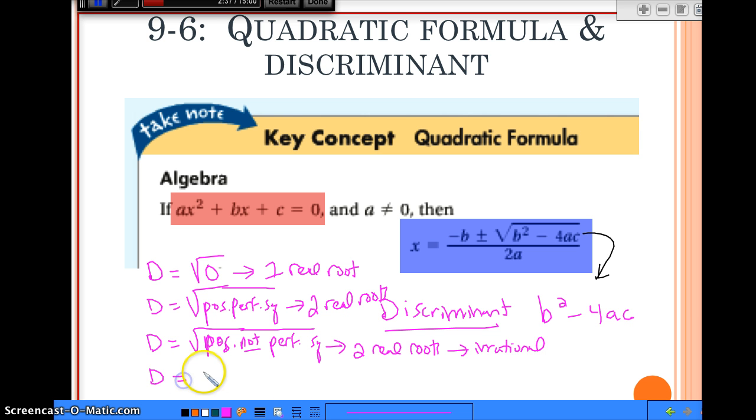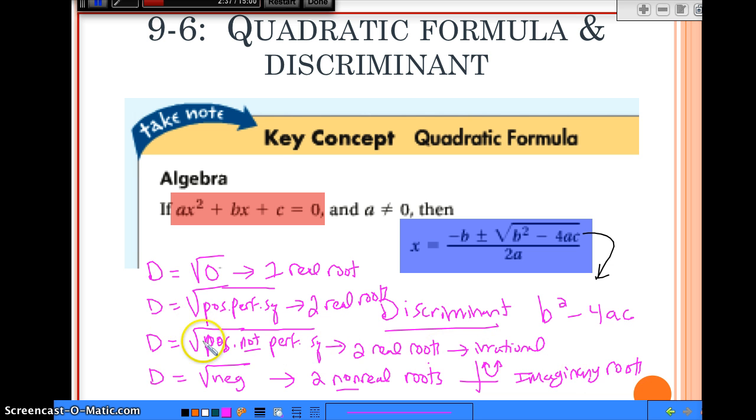If the discriminant comes out as a negative number, no matter what, you're going to end up with two non-real roots. And we actually have talked about this when we looked at the graphs. Those were the ones where the parabola never touched the x-axis, and really we call them imaginary roots.